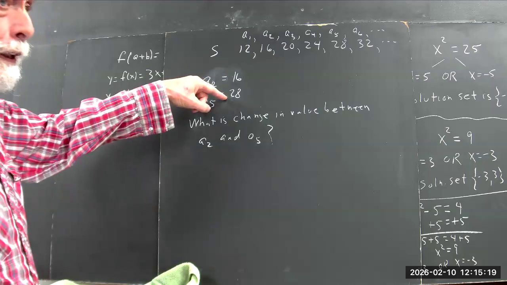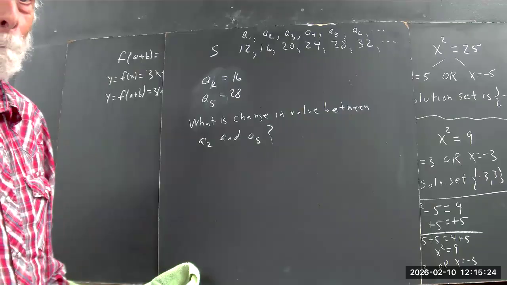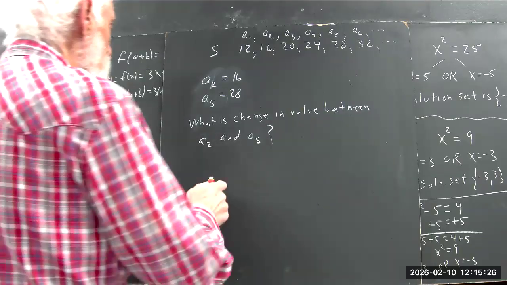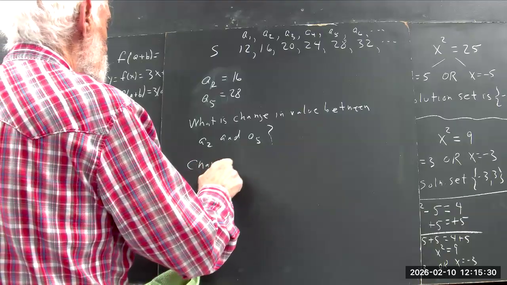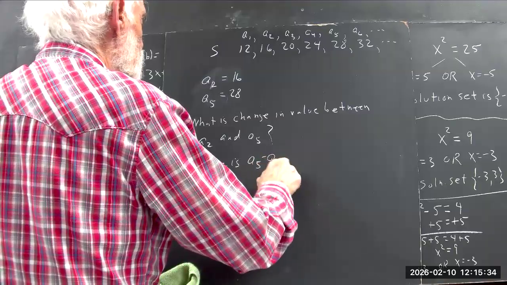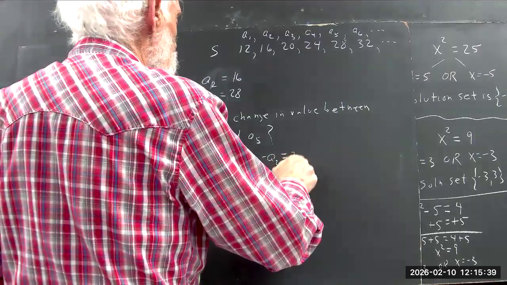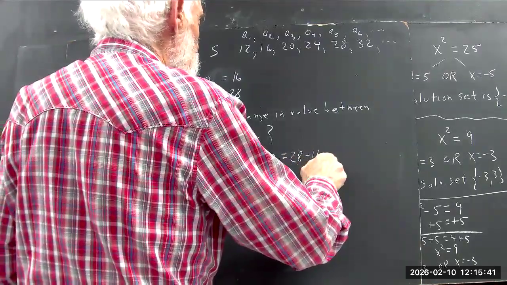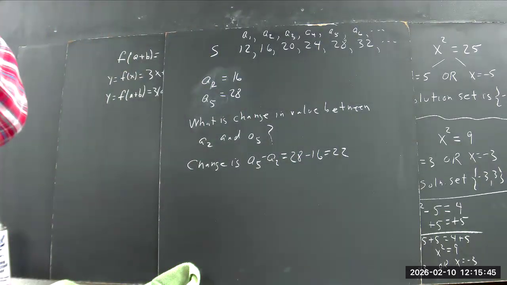Because from 16 to 28 is 22 units, right? So it's actually A5 minus A2, 28 minus 16, and that's 22, right?